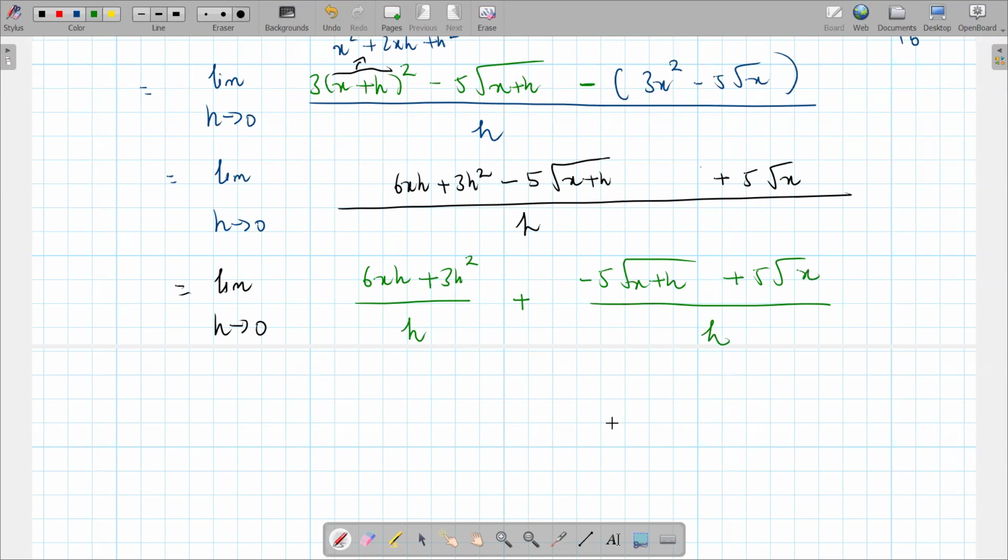Yes. So over here, we can pull out an h. So this would be like this, because the limit applies to everything inside. So here I can pull out an h. I'd be left with 6x plus 3h. I can cancel out this and this. So this thing gives me 6x plus 3h.